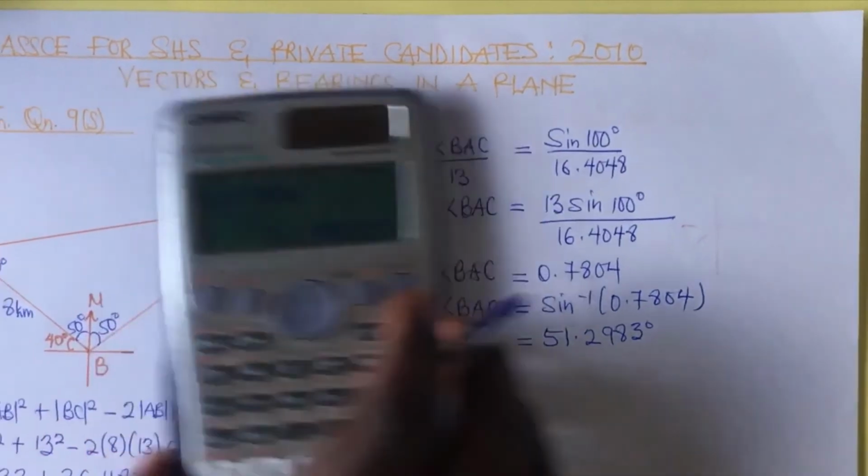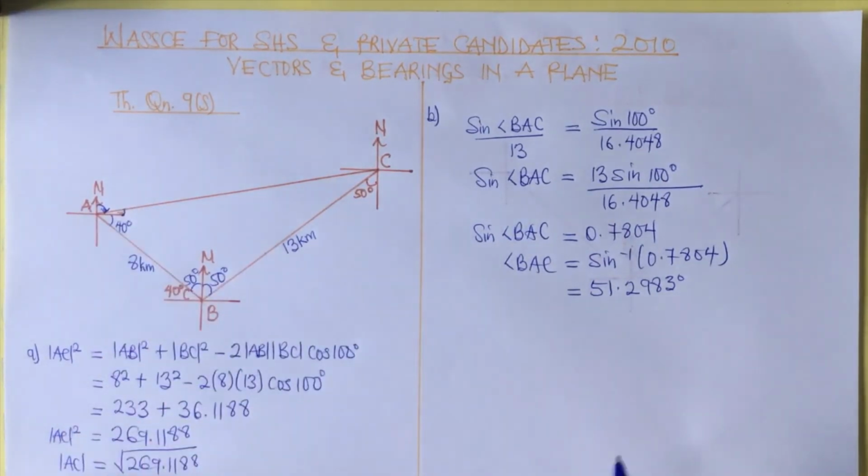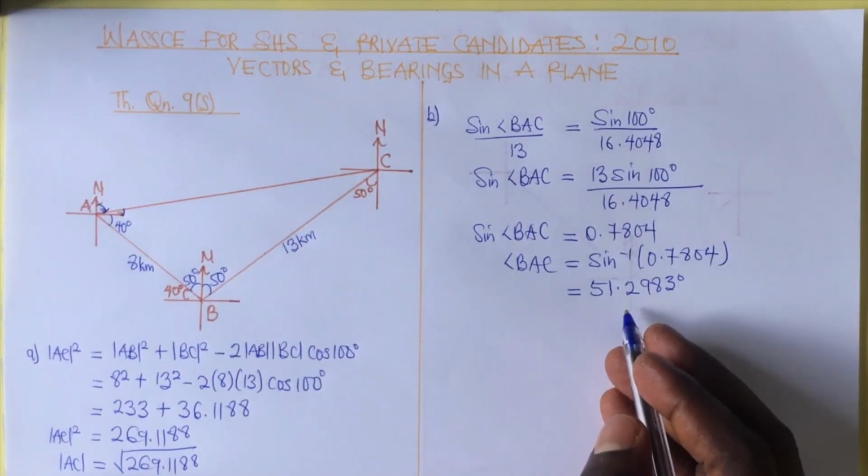So to get the small angle here, this is the small angle we are talking about, we have to subtract 40 degrees from 51.2983 degrees.